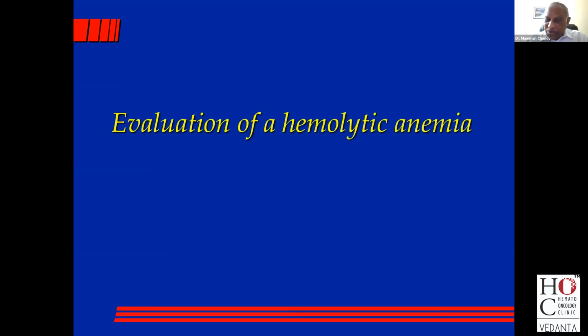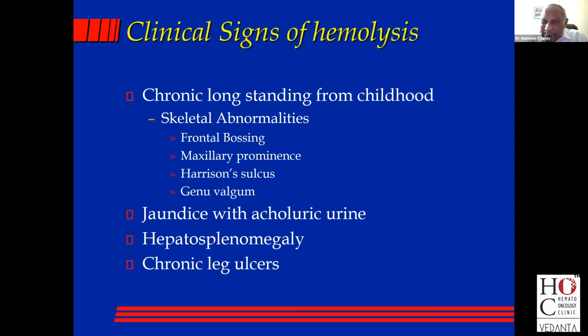So a few words about evaluating a hemolytic anemia. When do you suspect hemolysis? As I said, it can be congenital or acquired. In a congenital hemolytic anemia, the bone marrow has been expanding. So you get skeletal abnormalities: frontal bossing, maxillary prominence, Harrison's sulcus, genu valgum, right?